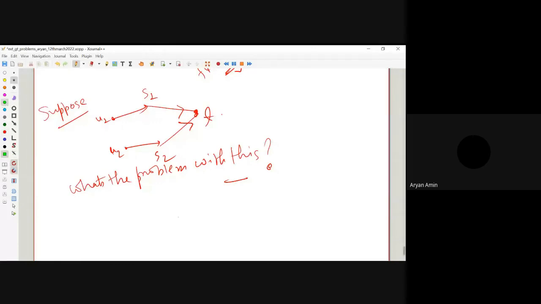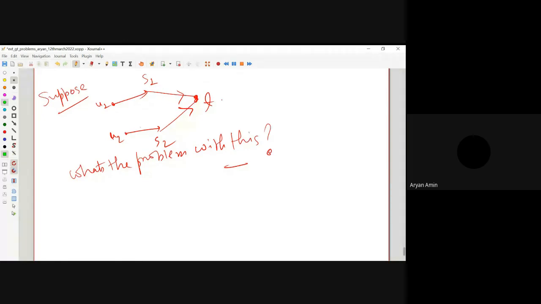Okay, so think about it like this. We will always try to increase Fs, right? Think about it like this. S1 is not adding anything new, or S2 is not adding anything new. If S1 was already present inside S, then S2 is not adding any new element to Fs, right?